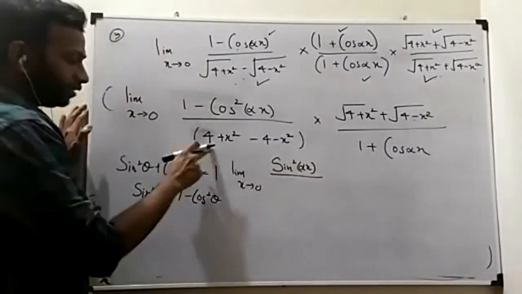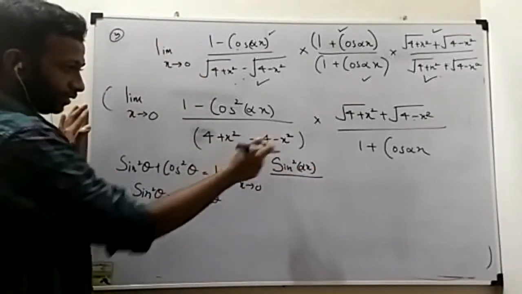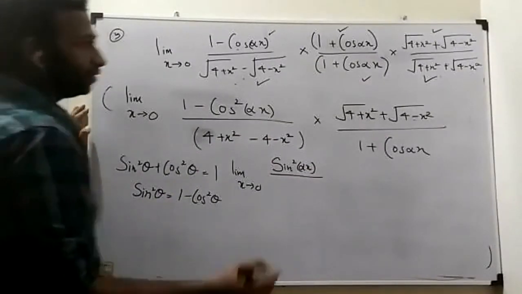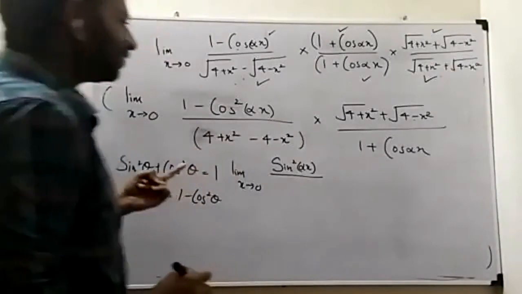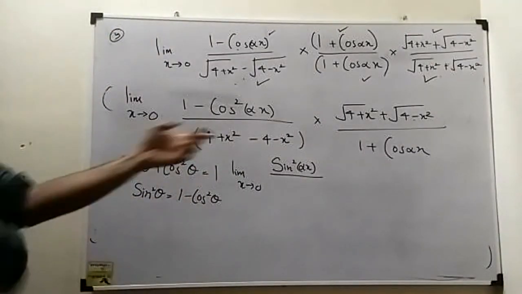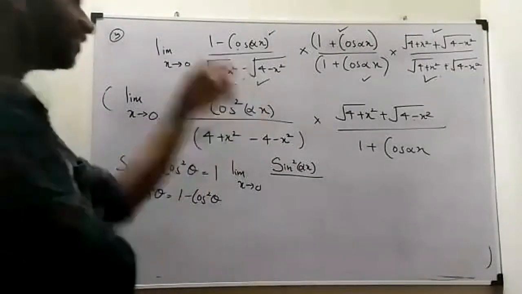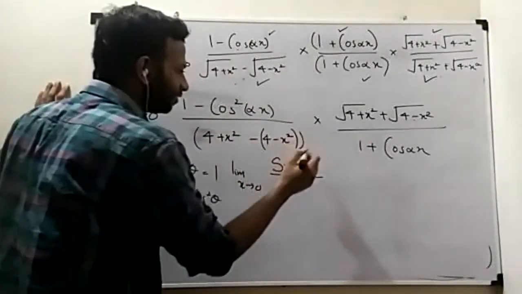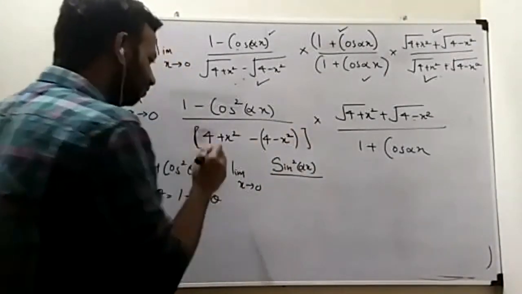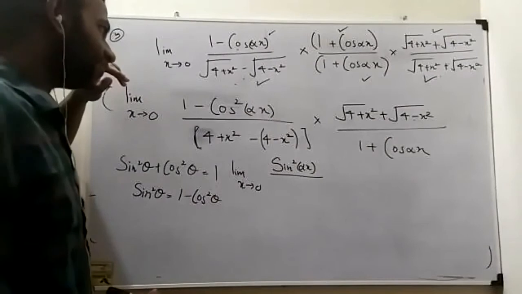Now, what is this? 4 plus x squared minus this. Can anything be cancelled? When I simplify this, I might make a mistake and cancel off all the x squared. The mistake is I forgot to put the brackets here. These simple mistakes can make you spend a lot of time trying to figure out the answer.